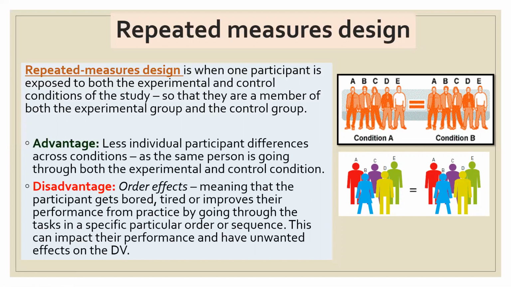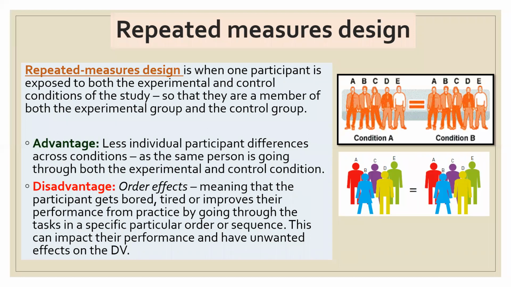In case studies or scenarios, usually you would know it's a repeated measures design. If it says something like the same participants were used, the same participants had to, for example, be sleep deprived, and then the next week, the same participants followed a normal routine or sleep pattern.